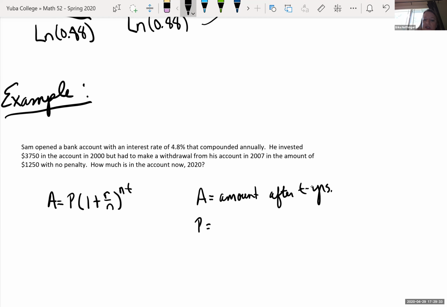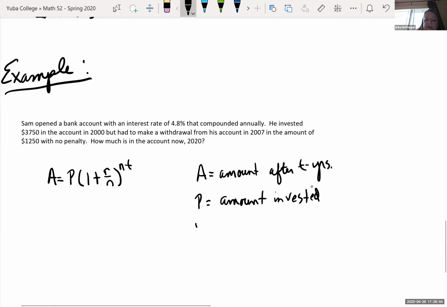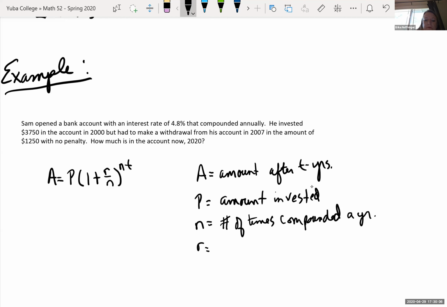P is equal to the amount invested. N is equal to the number of times compounded a year. And R is equal to the interest rate in decimal form.